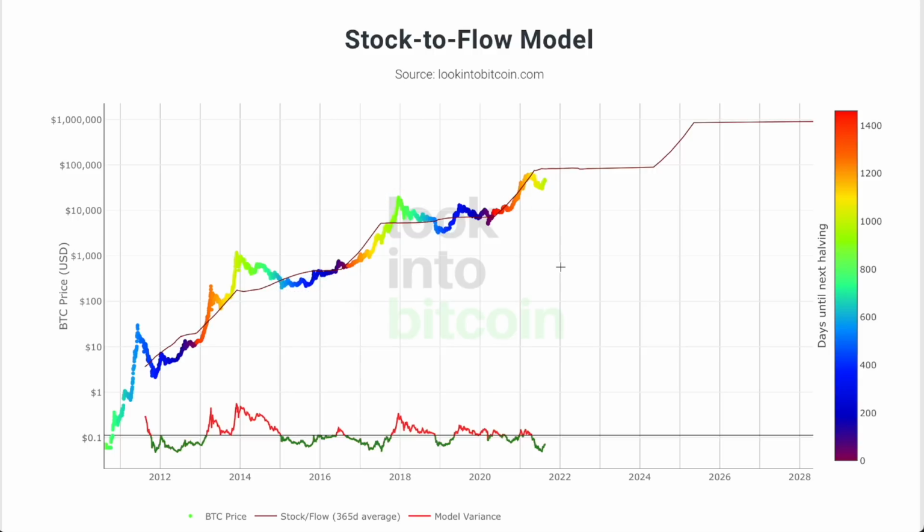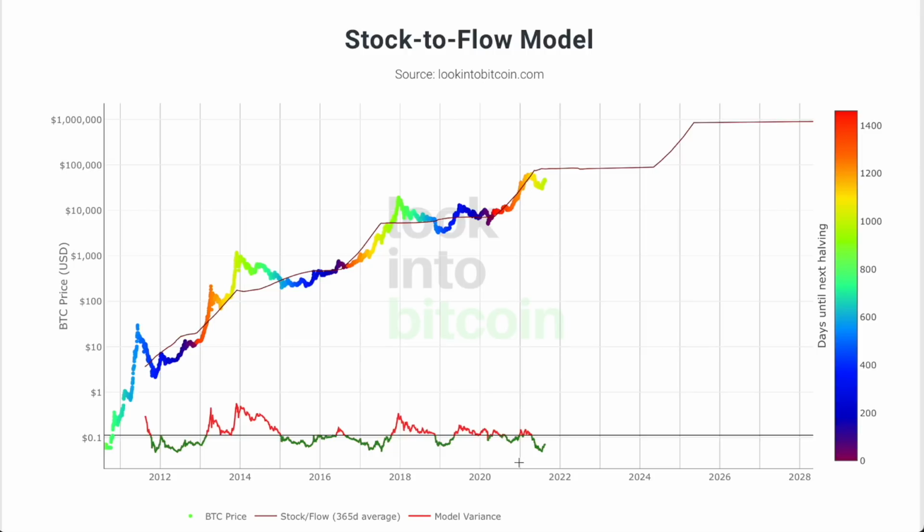And one of the things to mention here is that we tend to see an ascending stock to flow line sometimes, as you can see here, especially here, and sometimes we see a flattening out stock to flow line. And of course, this is going to be heavily influenced by the Bitcoin halving events, where this stock to flow line will simply change after the halving events, and then it will start to stagnate a bit after those halving events occur.